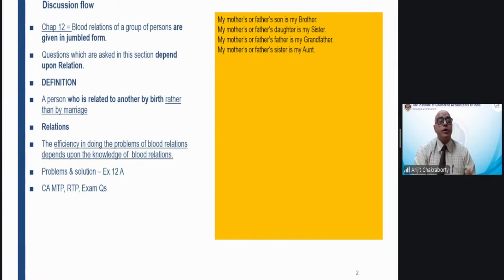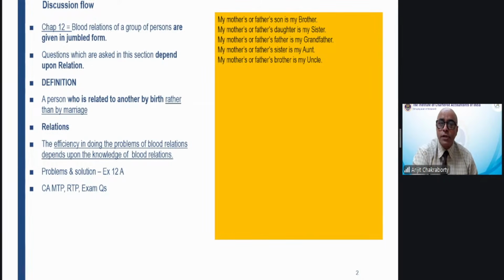Then you have mother's or father's sister. So all the relations which we have: grandparents, parents, siblings, uncle, aunt. We will look at each of the relations one by one, and this will be used once we start solving the different problems. So mother's or father's brother will be uncle.